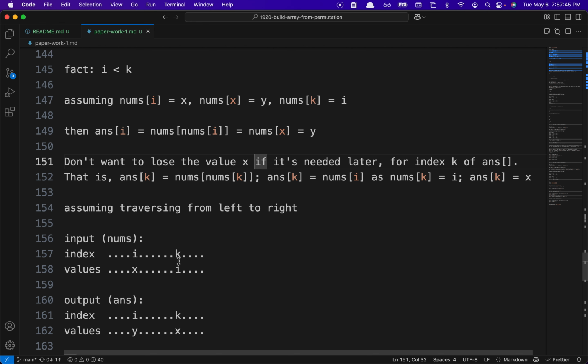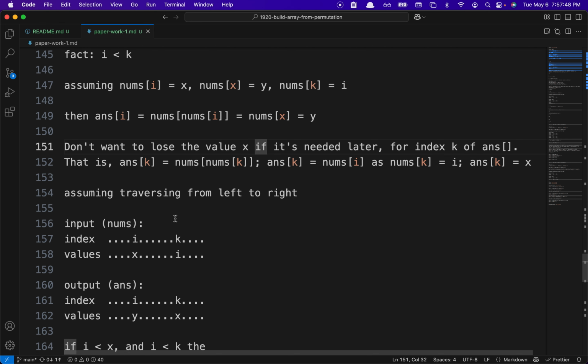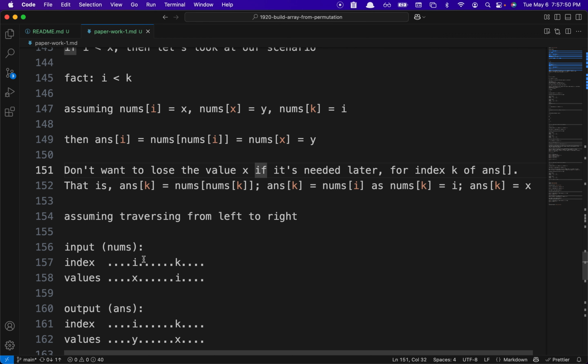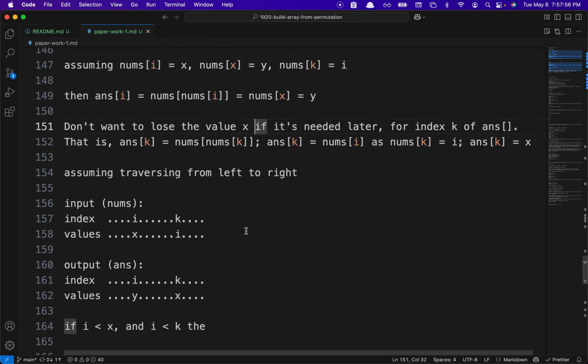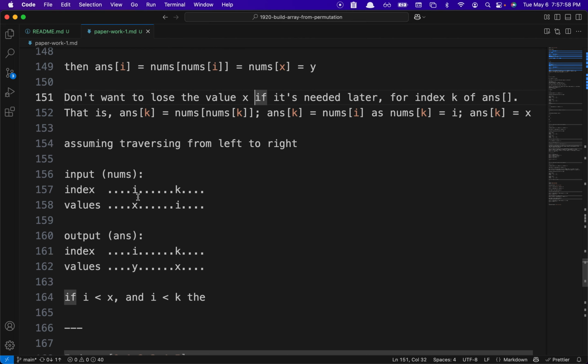I is less than K, and we're saying I is less than X. Hmm. Is there going to be any other K which has I? No. So what can you tell about X over here? I is less than X, I is less than K.